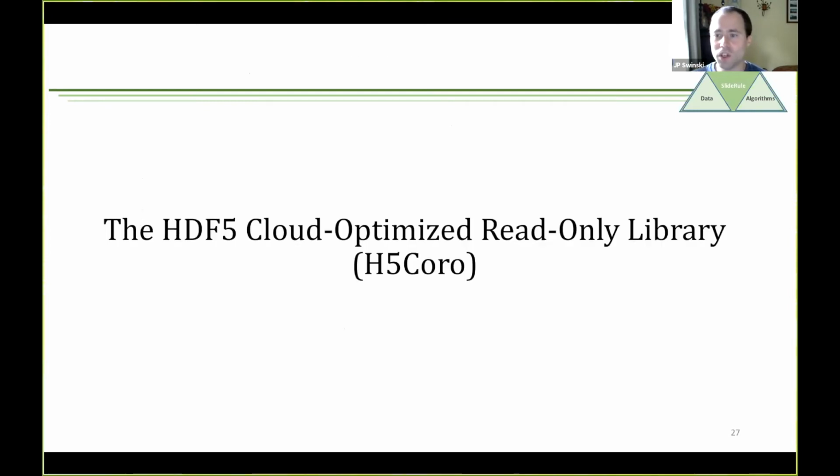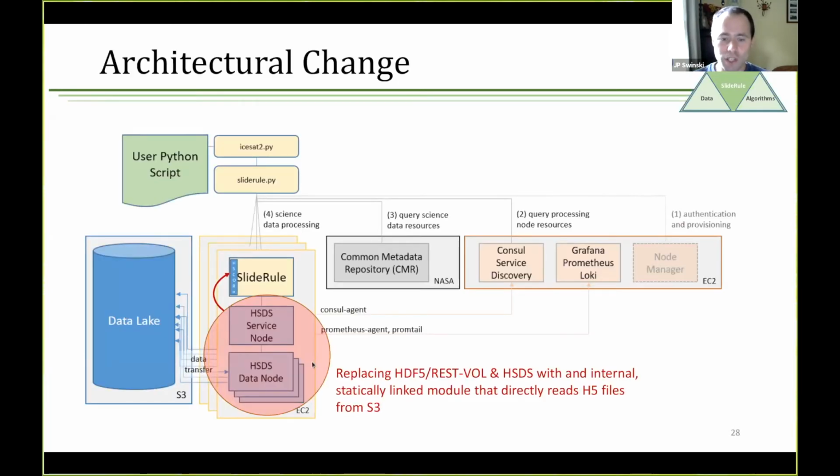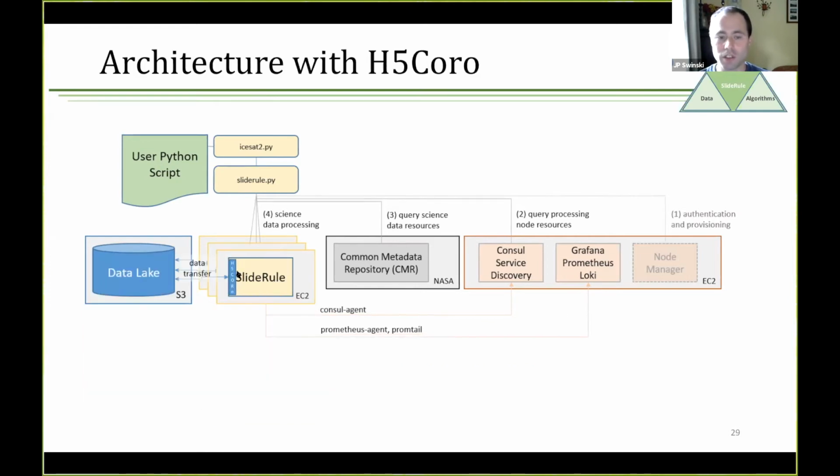Okay, so with that in mind, pivoting now to H5Coro. This is what we tried to overcome in the H5Coro design. Instead of having the HSDS services running in Docker, we pull that functionality in as just a small library that we link into the SlideRule application.